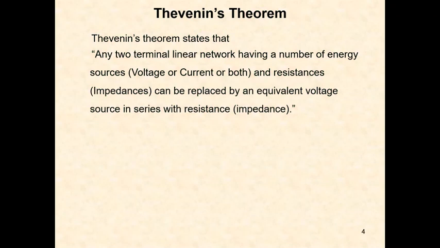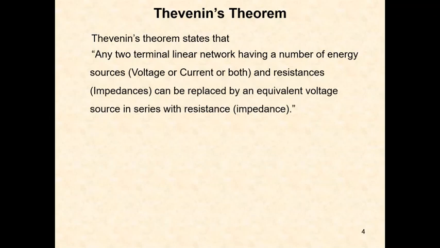When there are capacitors or inductors in the circuit, we consider the impedance. If only resistance is there, there is no topic about impedance. So again repeating the statement now.